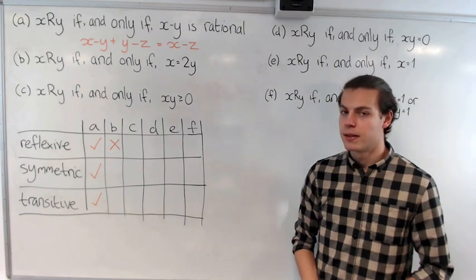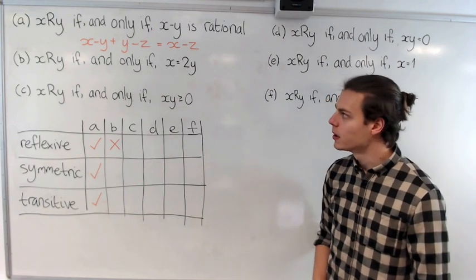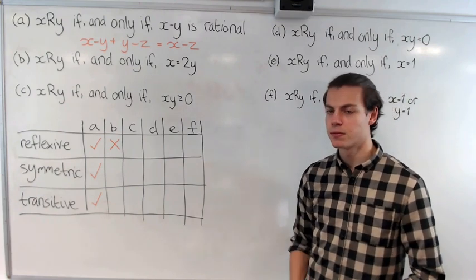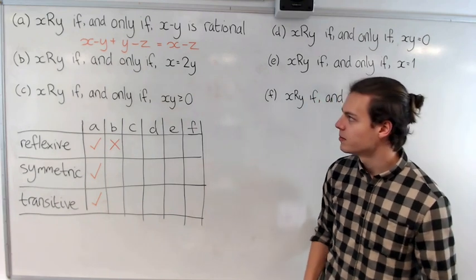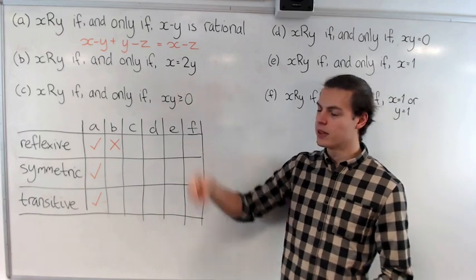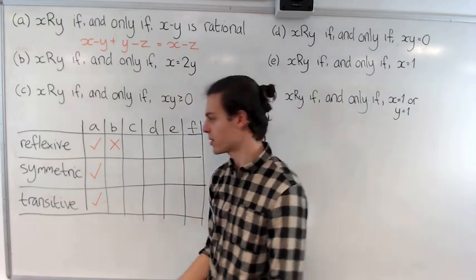Is this relation symmetric? Again, no it isn't. 1 is related to a half, but a half is not related to 1, right? 1 is 2 times a half, but a half is not 2 times 1. So, no, this is not symmetric.